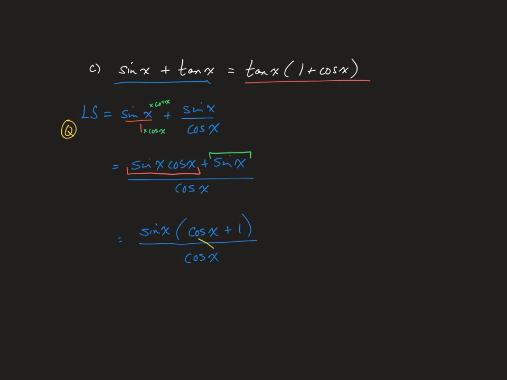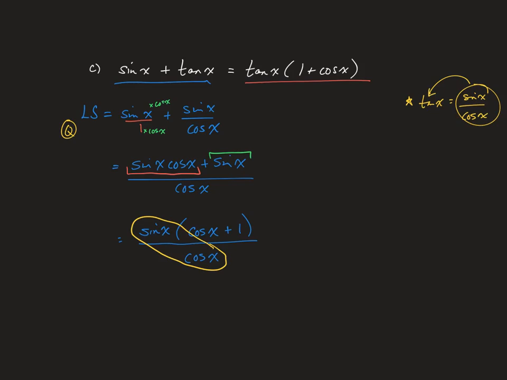And perhaps you can see that if I divide out my cos x from the sine x, then I have tan. Remember, tan x is equal to sine x over cos x, and so sine x over cos x is equal to tan x.